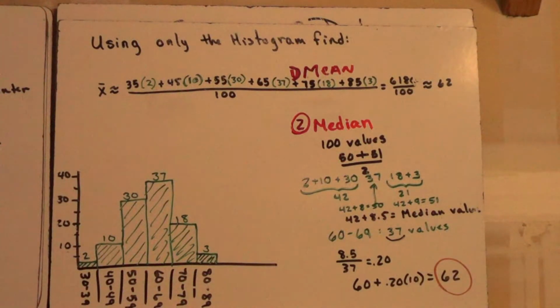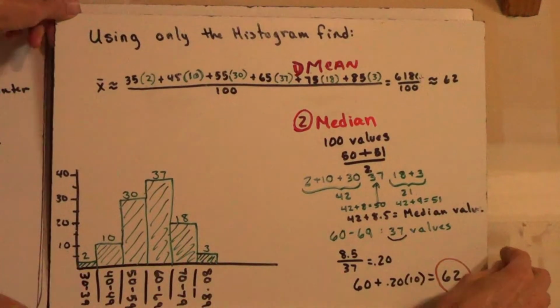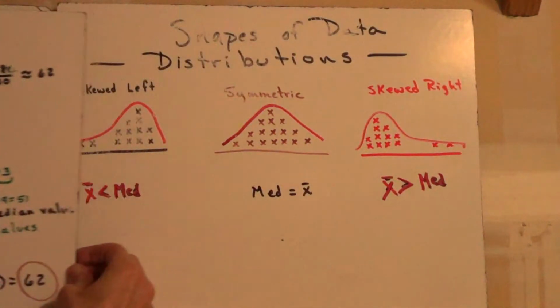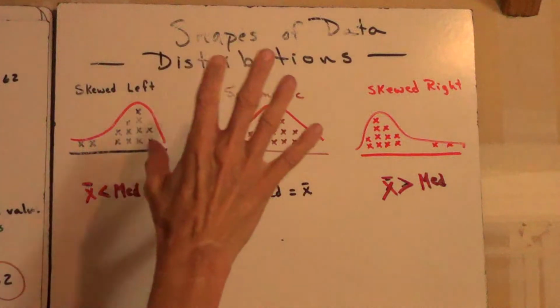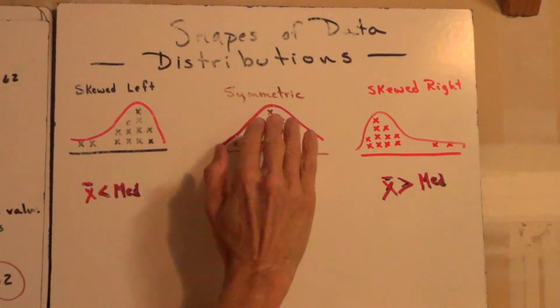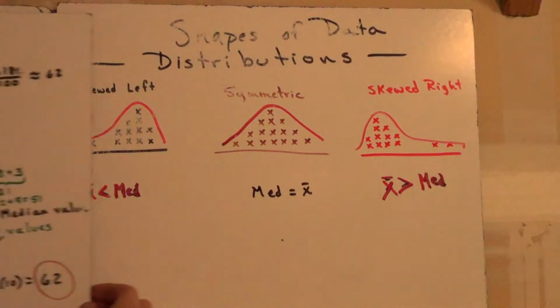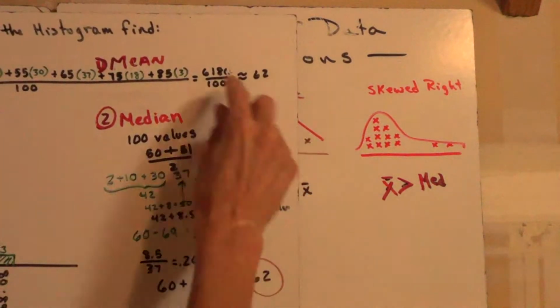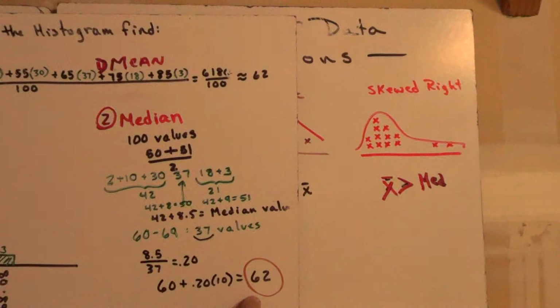Remember to come to class with this written down and ask specific questions where I lose you. We'll do some of these to help you practice in class. So now we go back to the previous lesson, shapes of the data. Does this make sense that my mean would be 62 and my median would be 62?